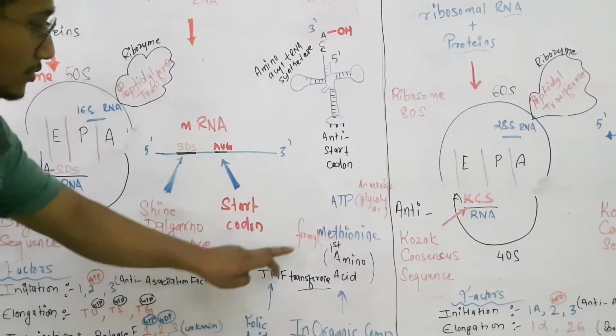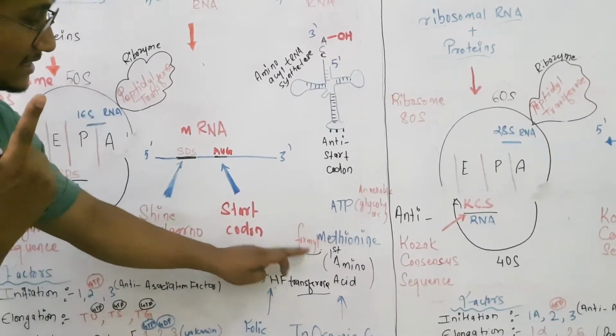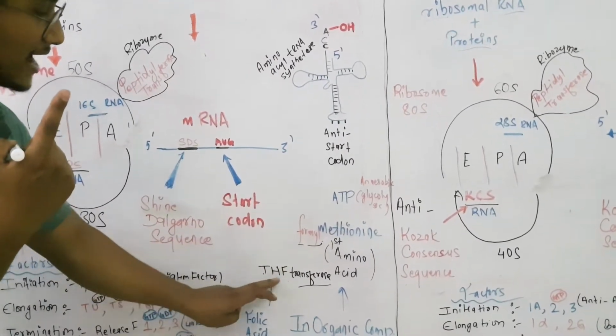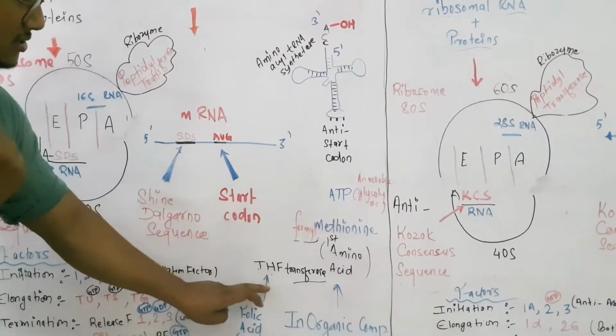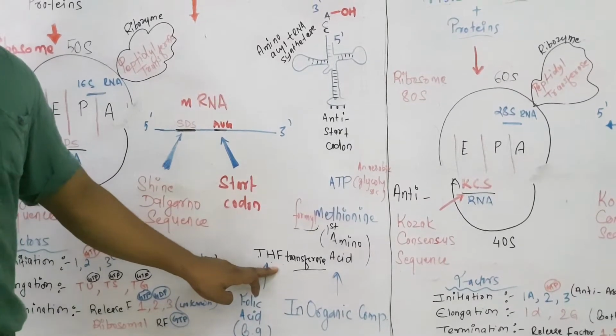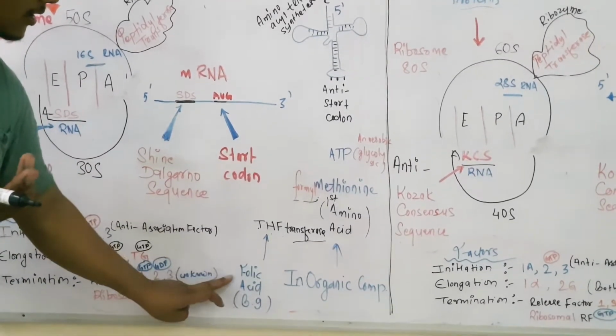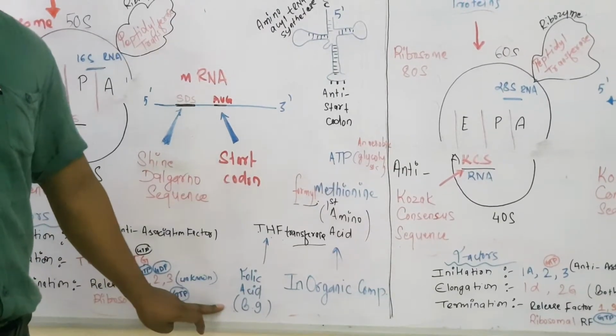Formyl is basically one carbon, right? And the one-carbon compound is transferred by tetrahydrofolate. What is the source of tetrahydrofolate? Basically, tetrahydrofolates are the activated form of folic acid, and these are therefore obtained from folic acid, which is vitamin B9.